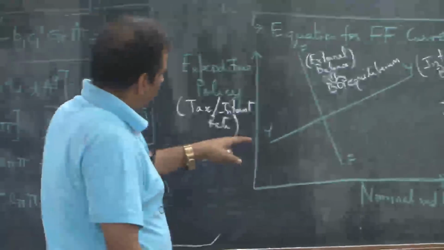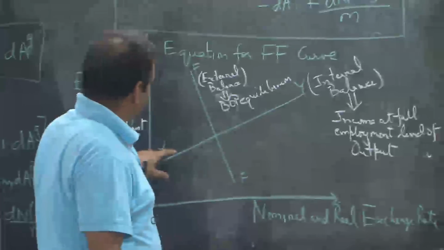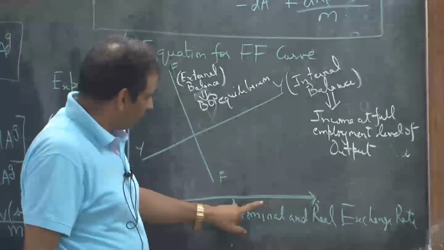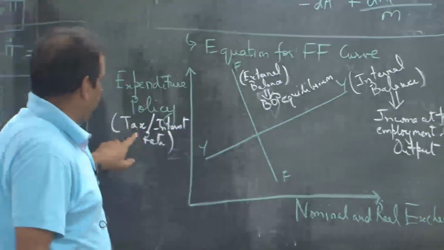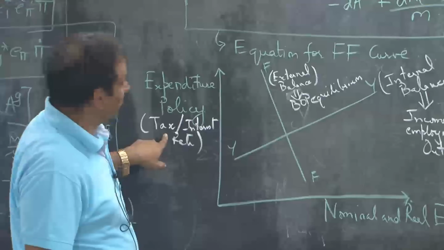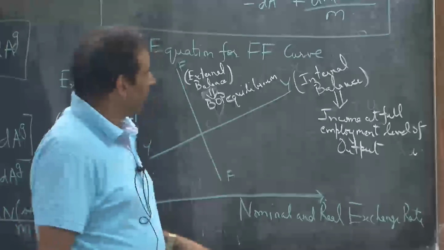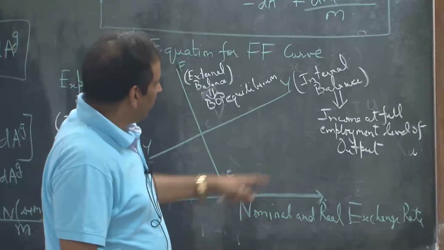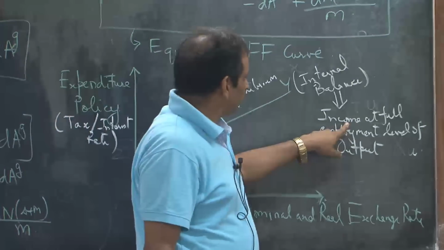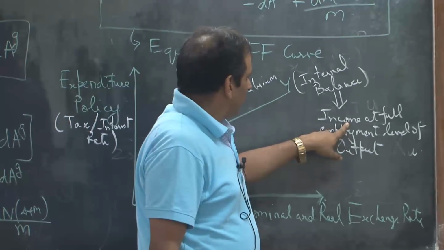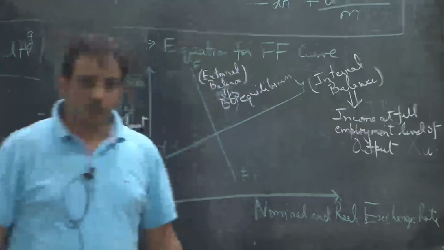Now this shows that there is a direct relationship. This YY curve shows different combinations of exchange rates and tax rates or interest rates which will maintain internal balance. The internal balance is the income at the full employment level of output.